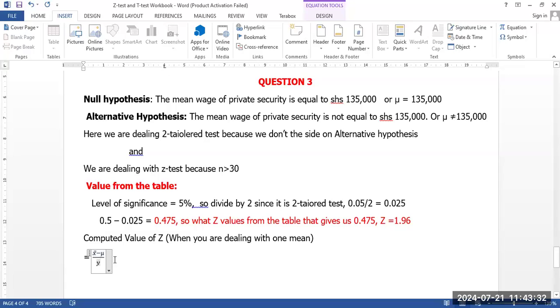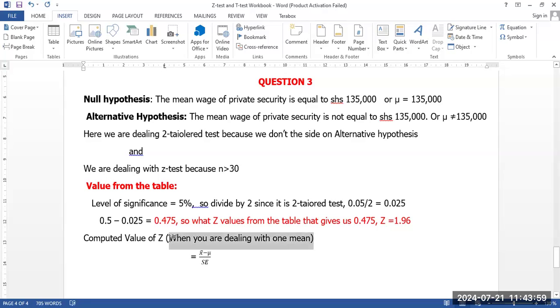Then down here we divide by the standard error, the standard error of the sample mean. This is a formula that you must know, that if I'm dealing with only one mean, this is it.